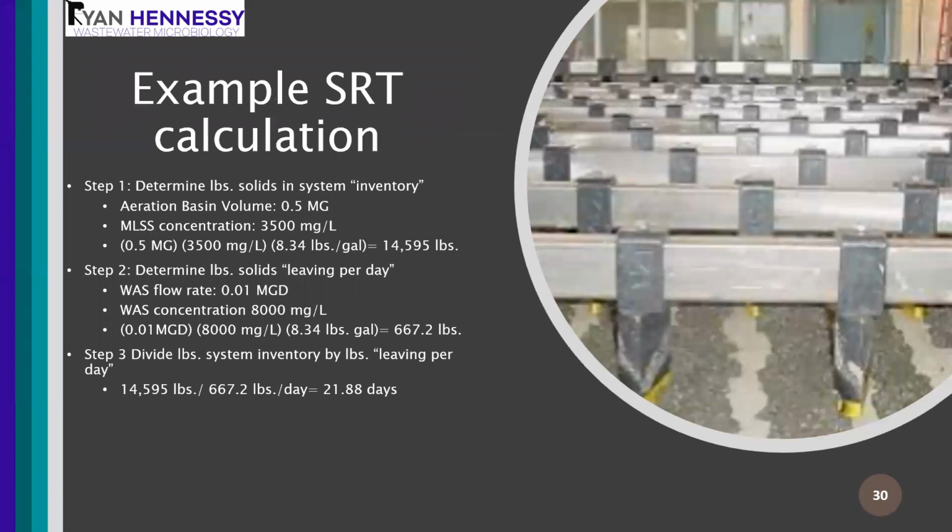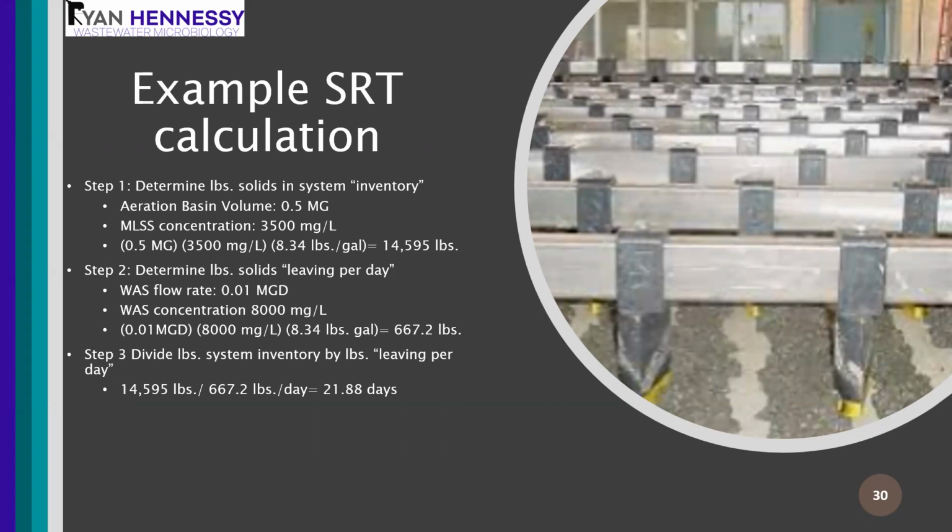So an example of an SRT calculation would be, number one, we want to determine the pounds of solids in our inventory. So you're going to use the pounds formula: you take your volume of the basin times your mixed liquor concentration times 8.34 pounds per gallon to give you the pounds of bugs that you have, and then you determine how many leave per day.